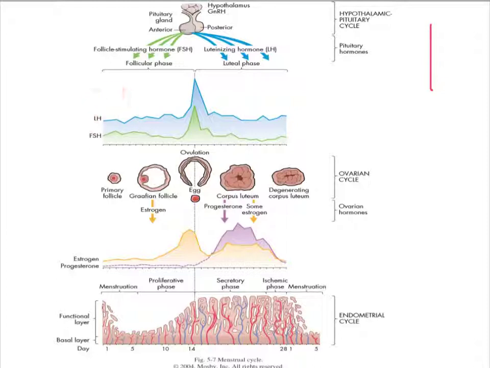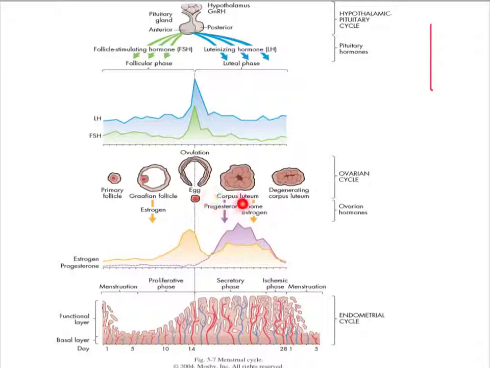As the luteinizing hormone increases around mid-cycle, it signals the ovary to release an egg, or ovum, within about 24 to 36 hours. And after that, this empty follicle is going to develop into something called the corpus luteum, and the corpus luteum is going to produce estrogen and progesterone.